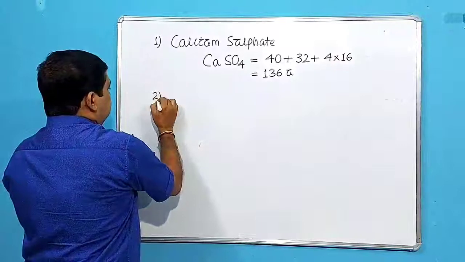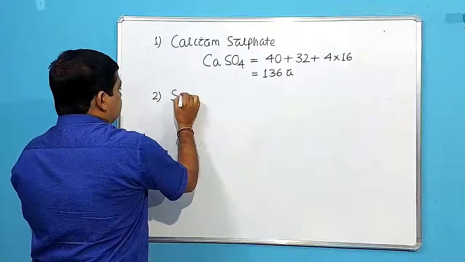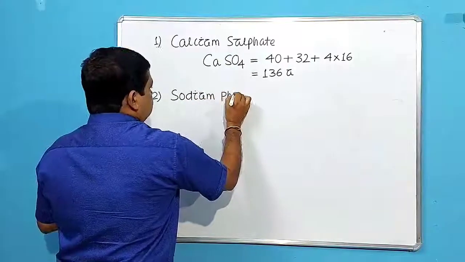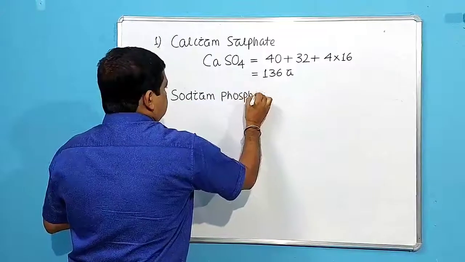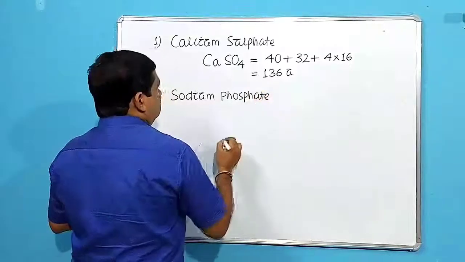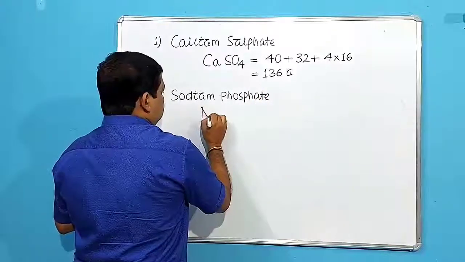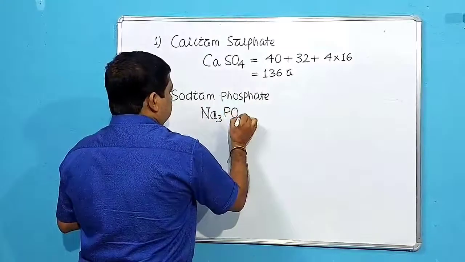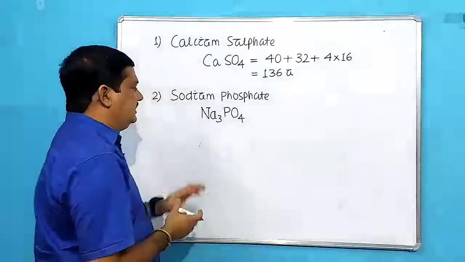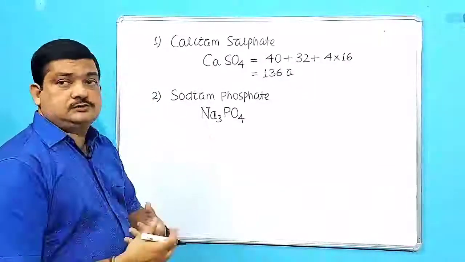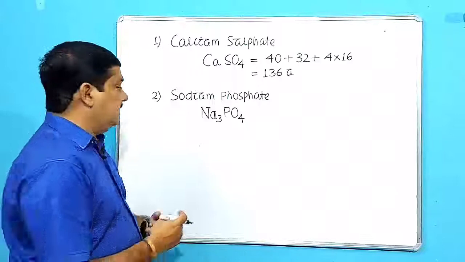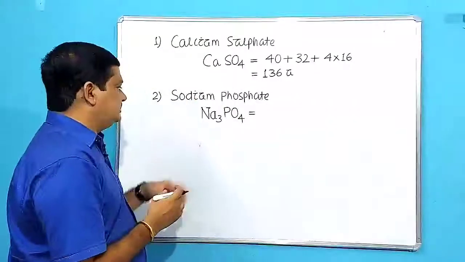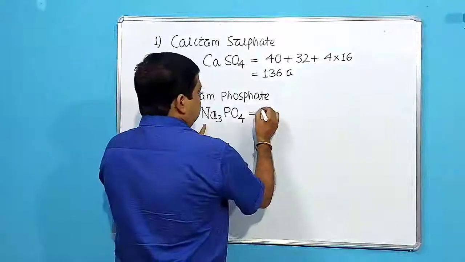Next, I gave you sodium phosphate. Na3PO4, because phosphate radical has the valency of 3, sodium has valency 1. I have shown you in the last class how to write down the formula. Now there are 3 atoms of sodium.